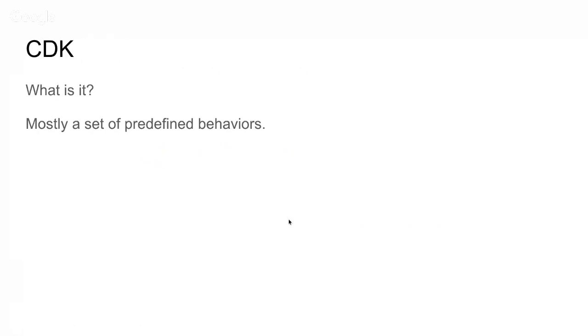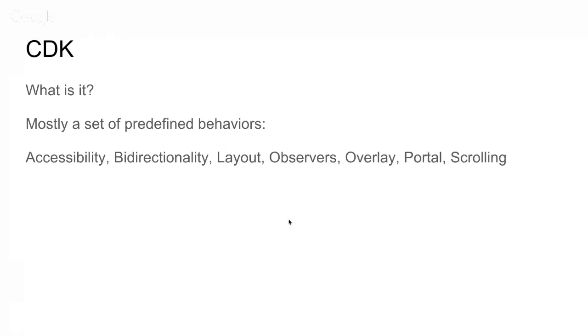So there's code to drive a bunch of UI behaviors. So accessibility, bidirectionality, which basically means right to left or left to right text. Some layout, observers, overlay, portal, and scrolling. Those are the ones that are listed on the website right now.